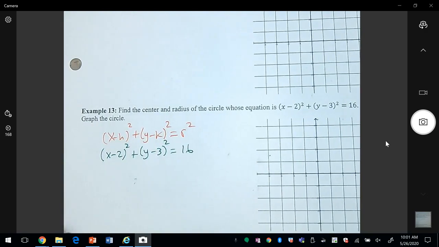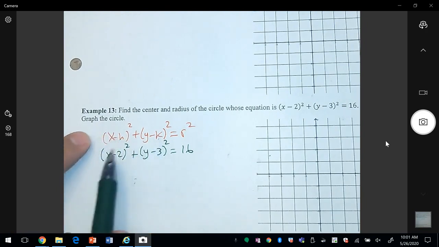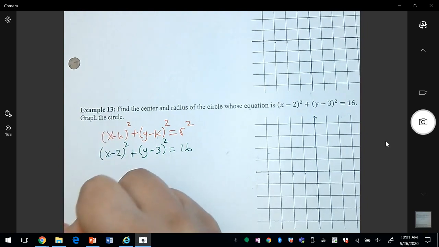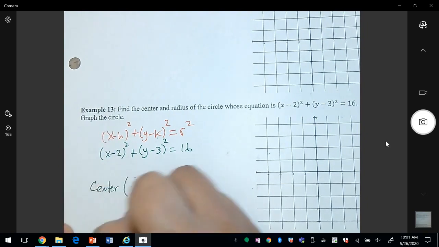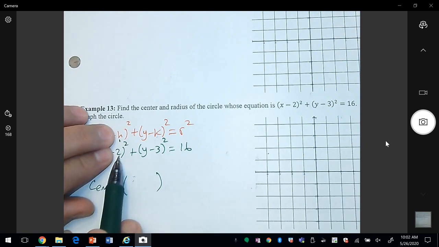Okay, so notice here, if we compare this, we know that h and k is going to give us a center. So we have x and x, minus and minus, and then we have h and 2. So in this example here, my center, we can see that h is going to be 2.